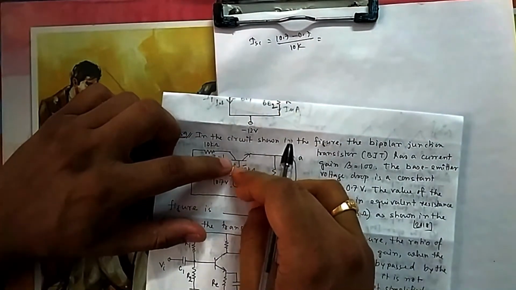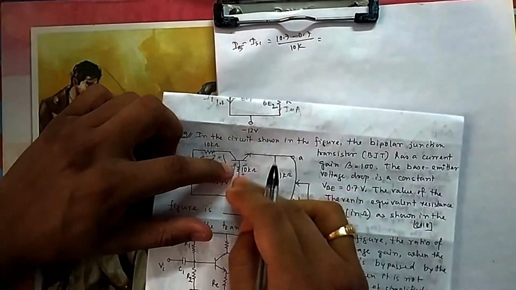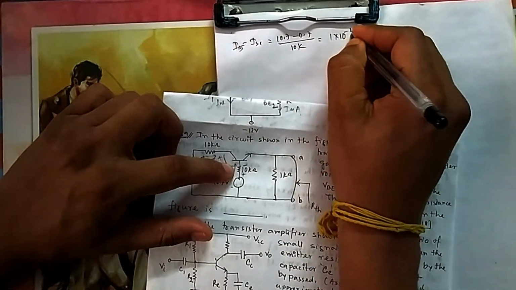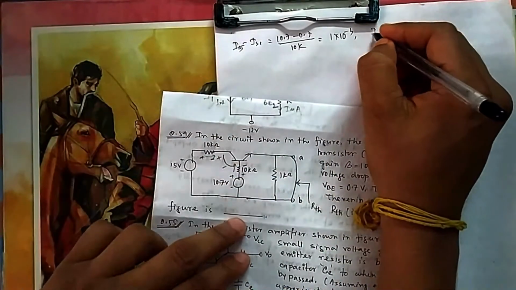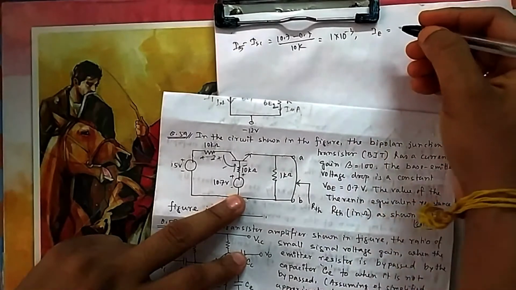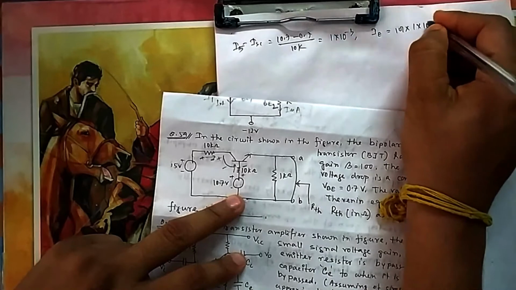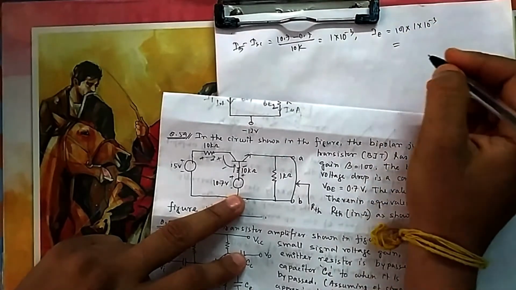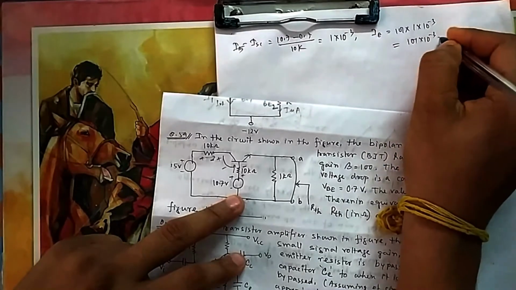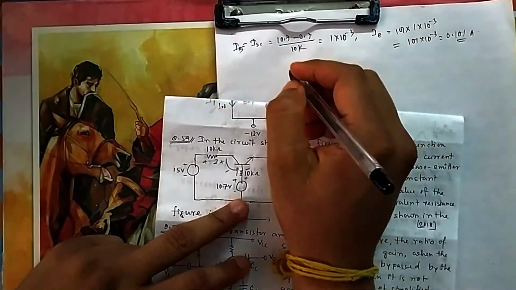So here ISC is nothing but the I base multiplied again, so it will be 1 into 10 to the power minus 3. So what will be this current? You can take IE. In that case beta is your 100, so you can take 101 into 1 into 10 to the power minus 3, so it will be 101 into 10 to the power minus 3, or 0.101 ampere.